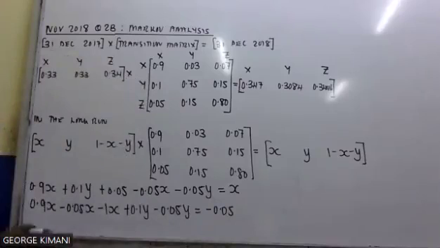Haya, now give me this. 0.9 minus 0.05 minus 1 is minus 0.15. Is it? Negative 0.15.